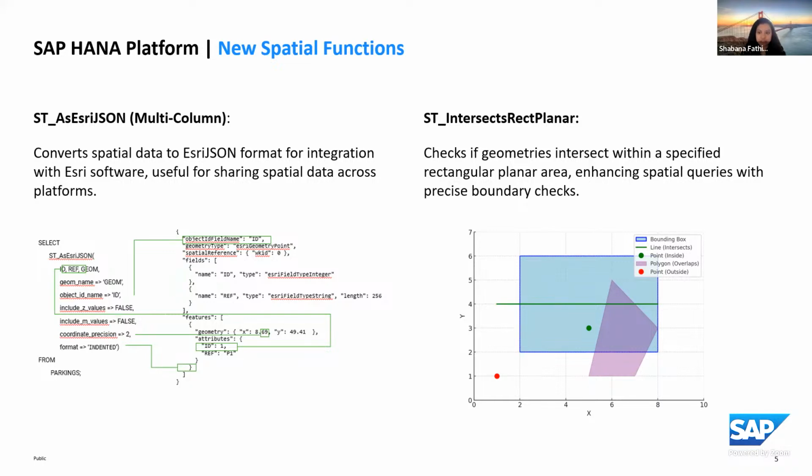For instance, if you want to find areas which would intersect a particular defined zone, such as points intersecting with a city block or boundaries in a property map, and so on. So this is a good way for you to efficiently and accurately check how your geometries are intersecting a particular rectangular plane.